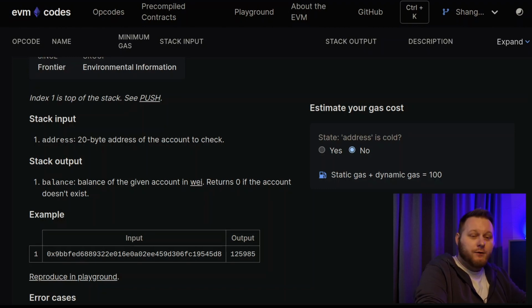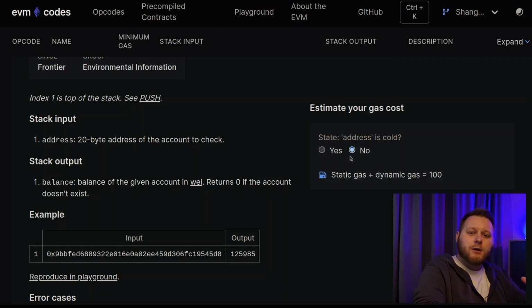For example, if you are reading the balance of some external address, the node has to find the information about the given address in the storage, read it, and then give it to you. But then it caches it in memory during the transaction execution, and the next time you are reading it, it is not cold, it is considered warm. That means that you will pay less for that.